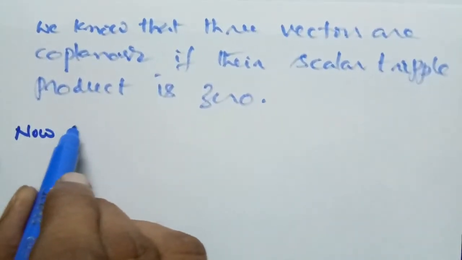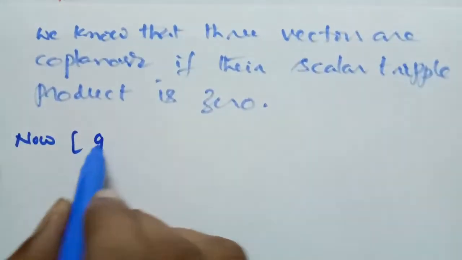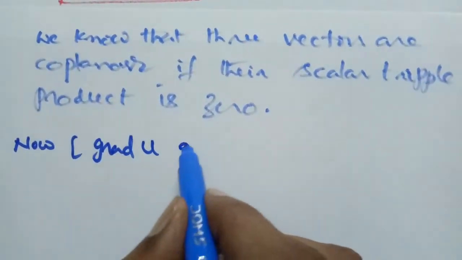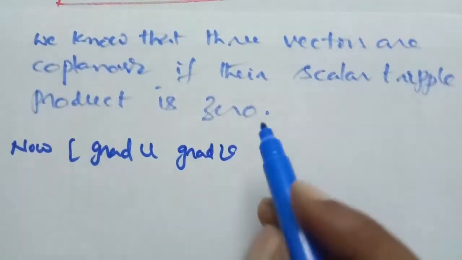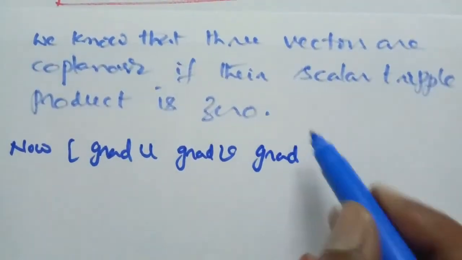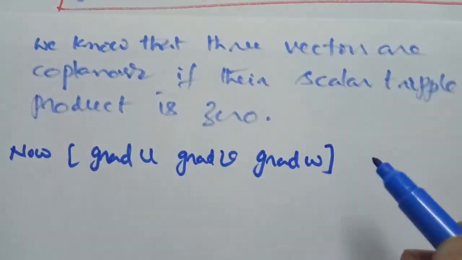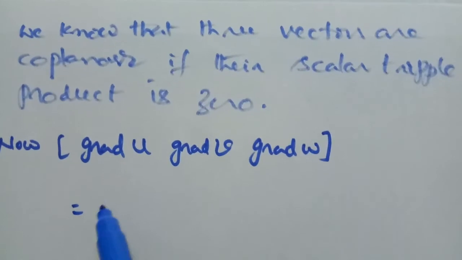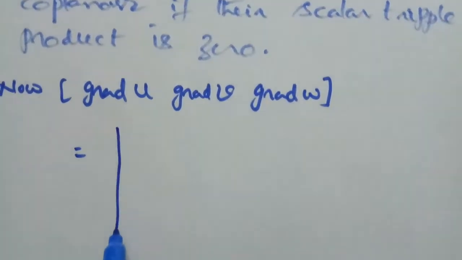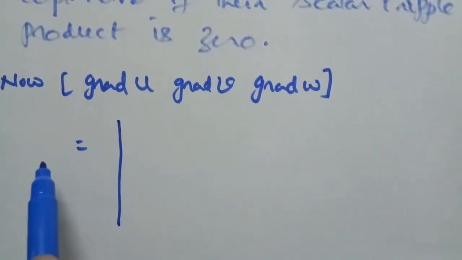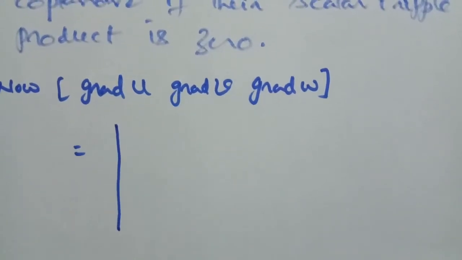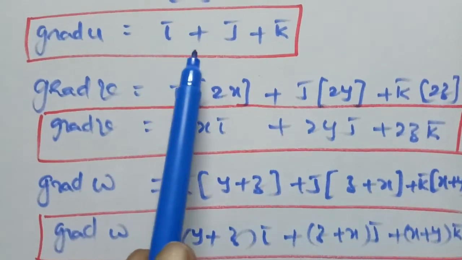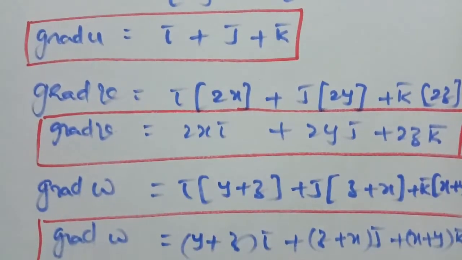Now, the triple scalar product of grade u, grade v, grade w, like a bar, b bar, c bar, is equal to the formula determinant of components of grade u, that is i bar plus j bar plus k bar. Component of i bar 1, j bar component 1, k bar component 1.